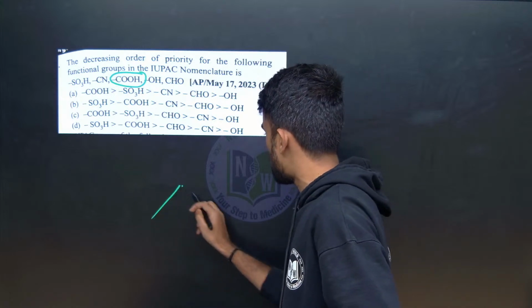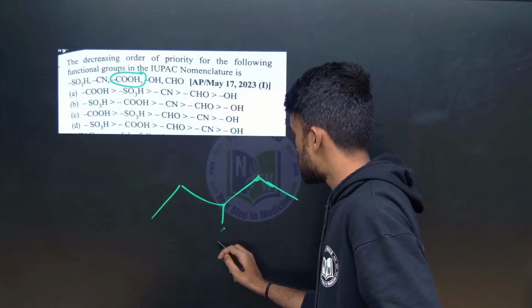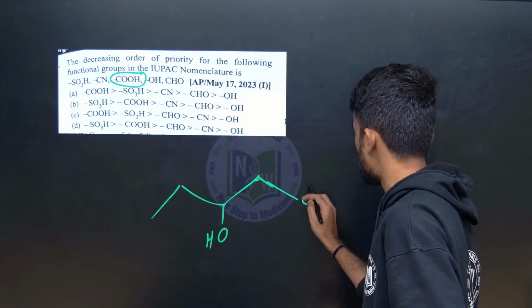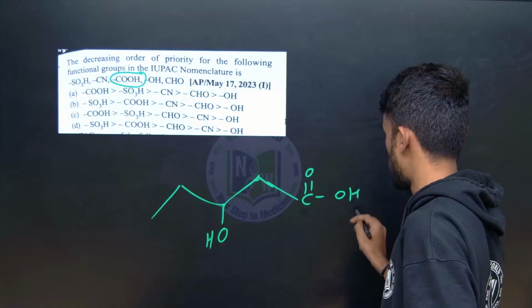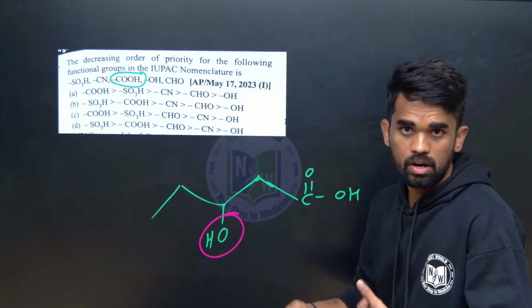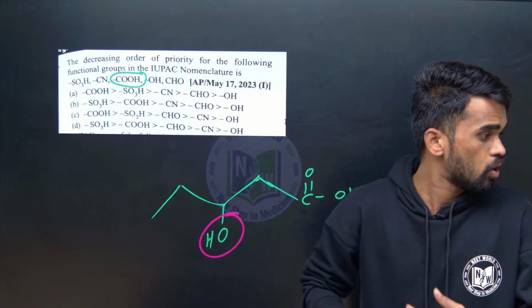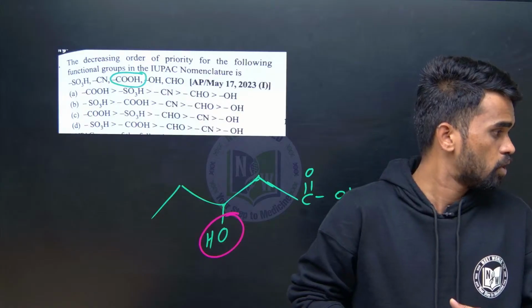For example, here I am writing a compound like this, and here we have an OH group, and here we have a COOH group, right? So now on the same compound we have multiple functional groups. One is alcohol, another one is carboxylic acid. So how do we write the name of this compound?